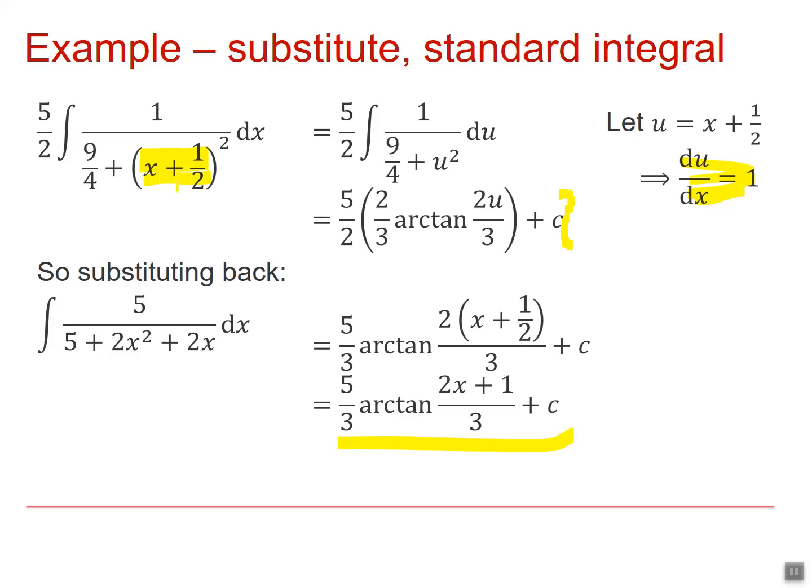And that should give me 1 over a arctan this thing over a. Let's look at our result. In this first bit here, we've got the 1 over a arctan, and then here we've got that thing over a. So in fact we could, with practice, see that we could do that without using the substitution.